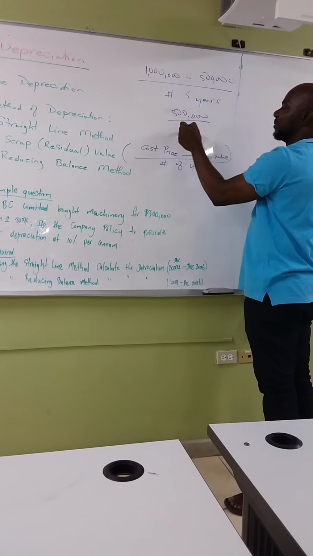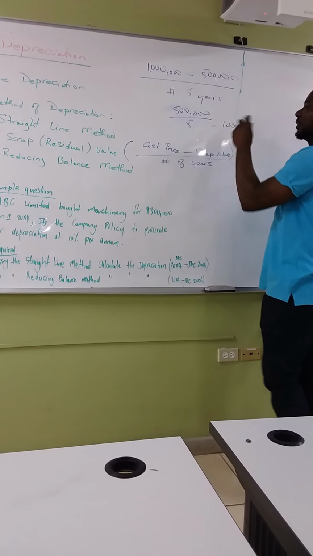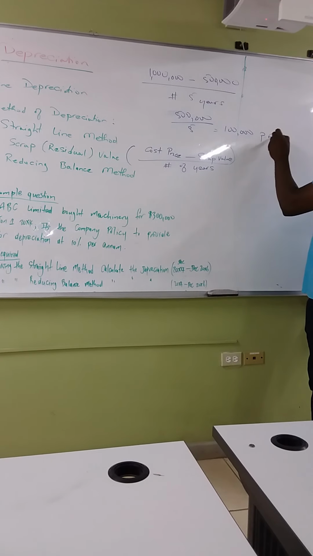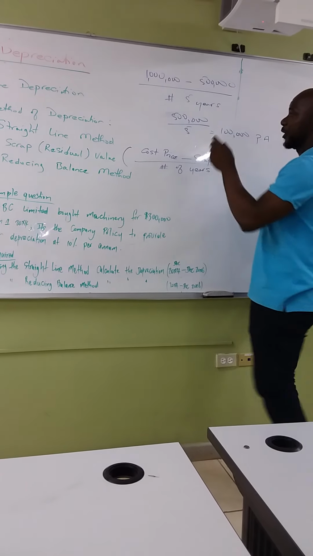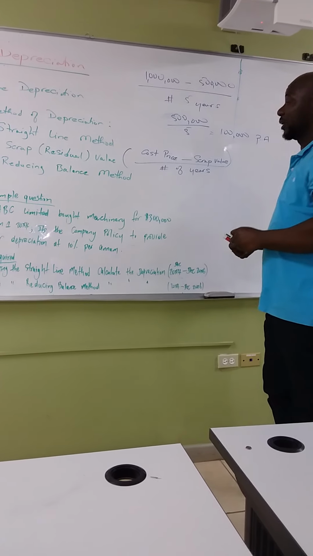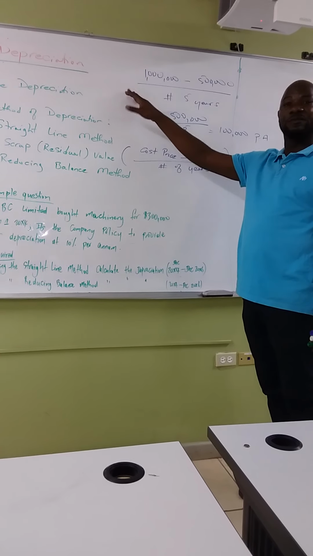So therefore 1 million minus 500,000, that is 500,000, divided by 5, and that gives us 100,000. So it means that the depreciation charge per annum would have been $100,000. So in year 1, assuming that year 1 is 2015, the depreciation charge would be 100,000.